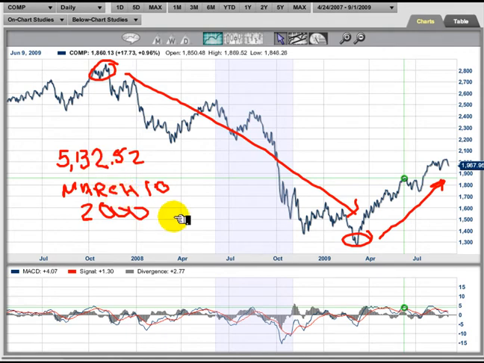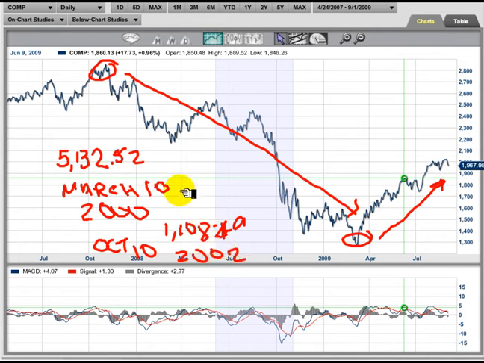From there, the market dropped quite dramatically, making a low of 1,108.49, and that was on October 10th, 2002.